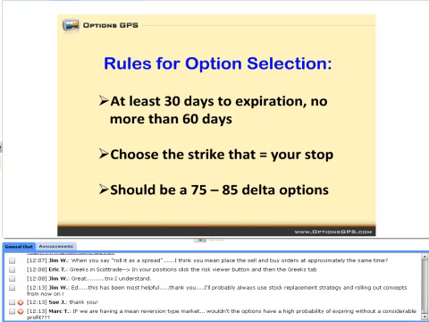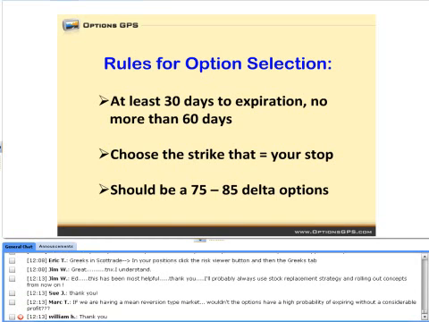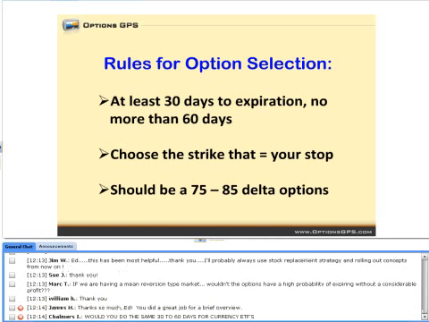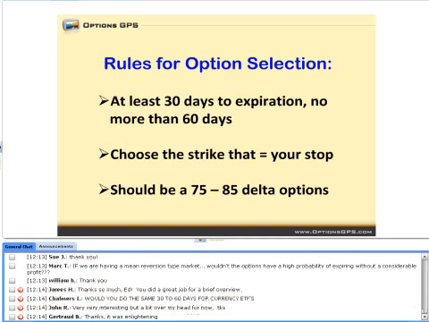If we are having a mean reversion type market, wouldn't the options have a high probability of expiring without a considerable profit? Yes. However, in the mean reversion market, we're still going to be using our stops, and the stops are stock-based, or ETF-based, I should say.